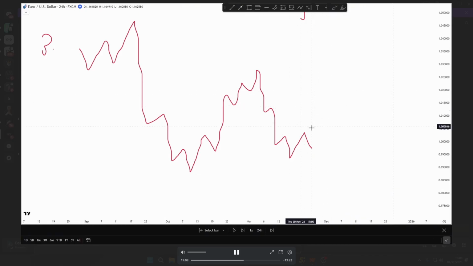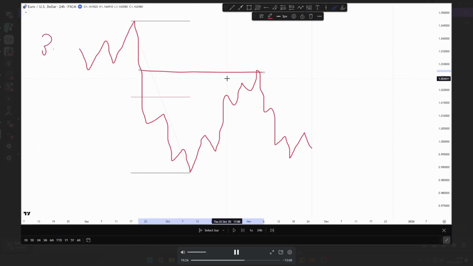Okay, so the third scenario is the one that we had this past week, which is that we've already rebalanced this dealing range last week, and we also tested a premium key level within it.